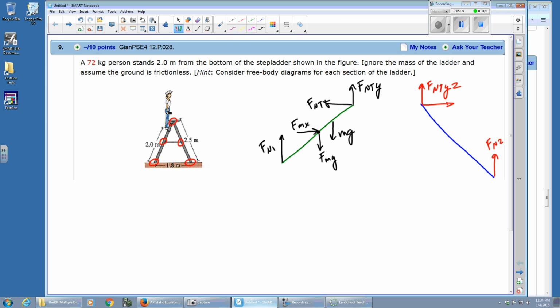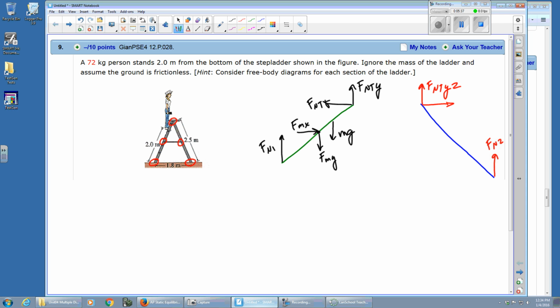I'm wondering if there's actually going to be those at the top. What do you guys think? The top of the ladder. Yep. And my guess is they don't exist. And I think I'm going to assume that there's no vertical force at the top.